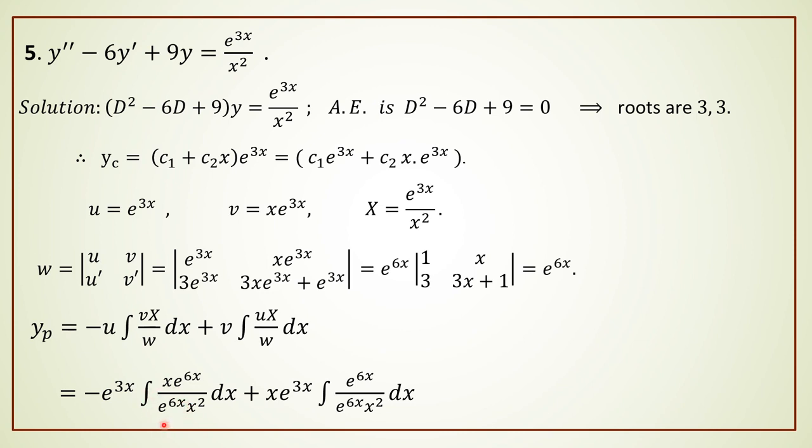Wronskian is e to the power 6x, and the integral is with respect to x, plus x into e to the power 3x into integration of u into X. u is e to the power 3x, into X. X is e to the power 3x divided by x squared. So you have the term e to the power 6x divided by x squared into the Wronskian, that is e to the power 6x. Now let me just evaluate these two integrals over here.